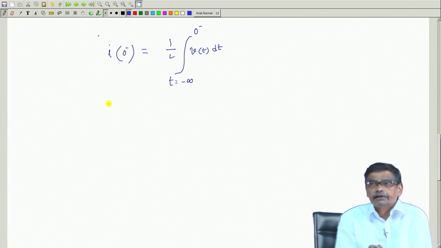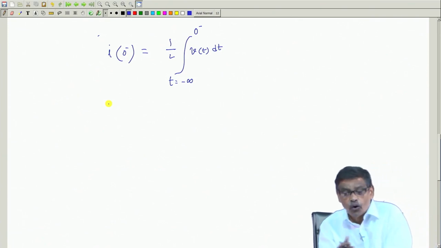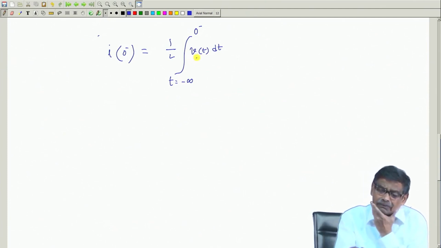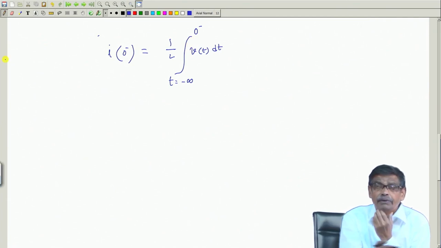Therefore, to solve the circuit from t equal to 0 onwards, one may demand that I must know what voltages you have applied before t equal to 0 minus.